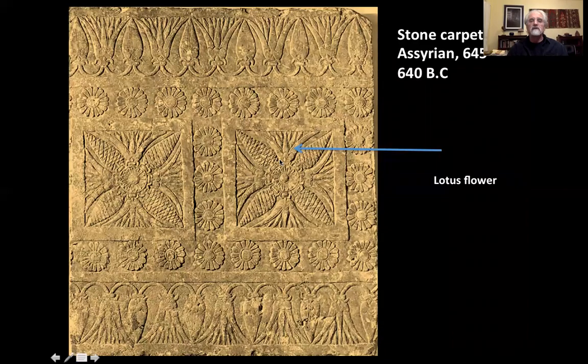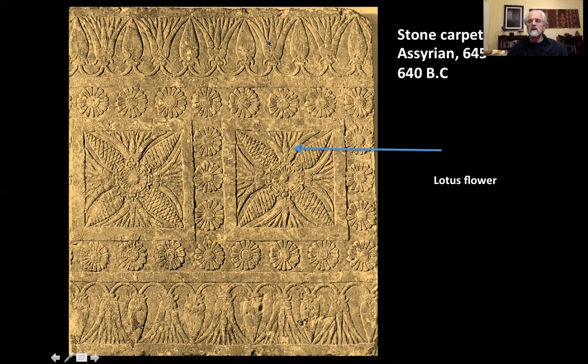Now here's another stone carpet from the same place. These are all around 640 or so BC. Here again, we can see this patterning of a floral and vine motif in the major border, the rosettes, and then in these squares, you can see another display of that flower. Now, what I want to point out here is that this is a side view of a flower.